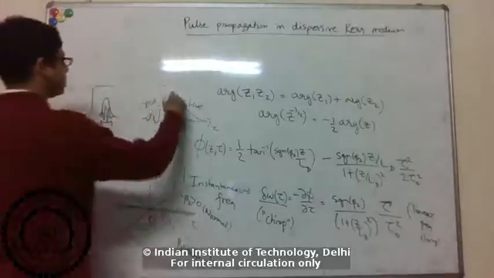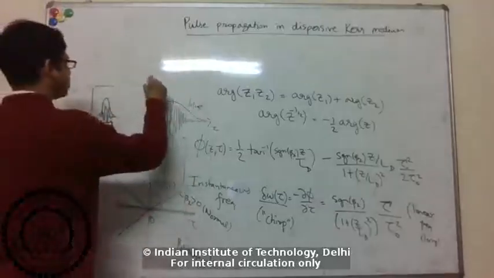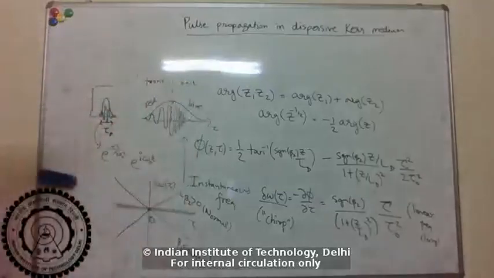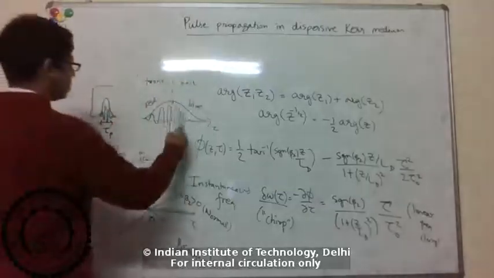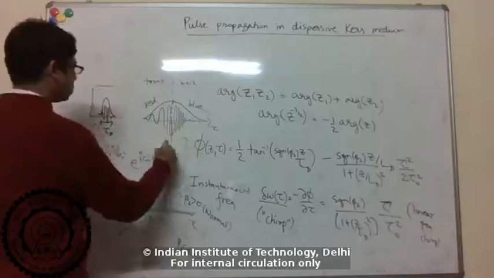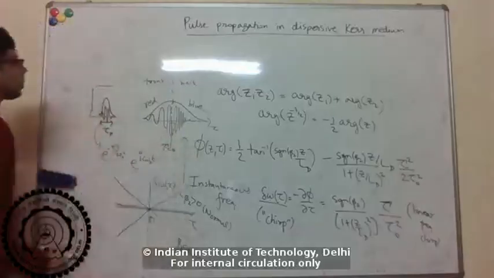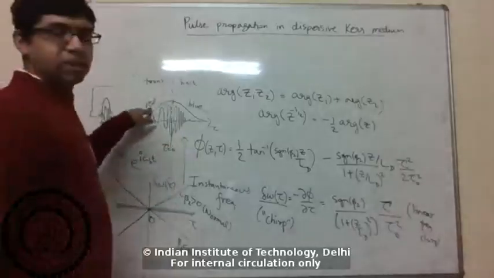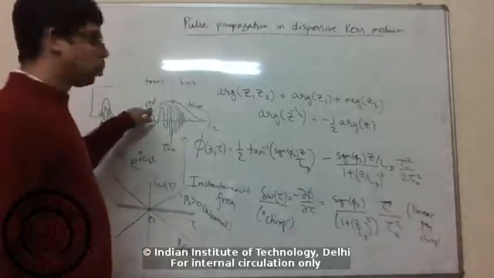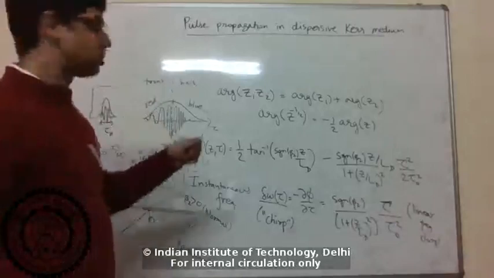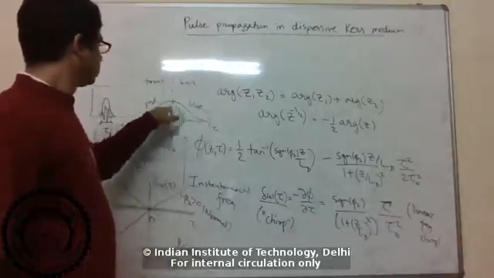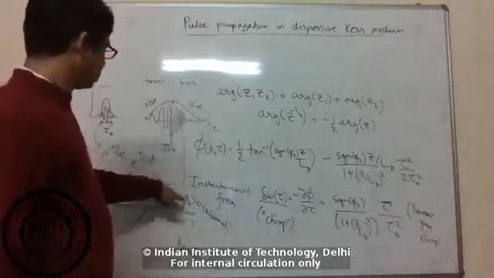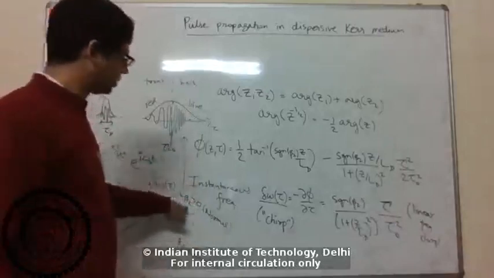So remember, this is the front, this is the back, this is tau equal to 0. At the front, the lower frequencies are coming, which means the lower frequencies have a higher group velocity, so they come first, right? And the higher frequencies have a lower group velocity, which is the case for normal dispersion.